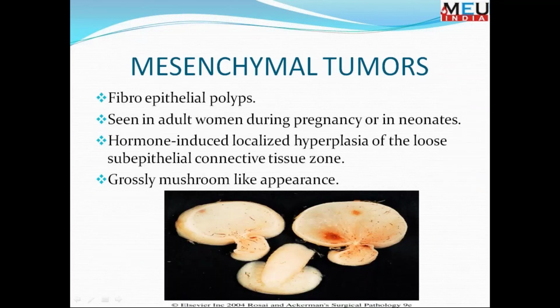The mesenchymal tumors are the fibroepithelial polyps seen in the adult woman during pregnancy or in neonates, and the hormone-induced localized hyperplasia of the loose subepithelial connective tissue zones. And grossly, we see mushroom-like appearance in the mesenchymal tumors.